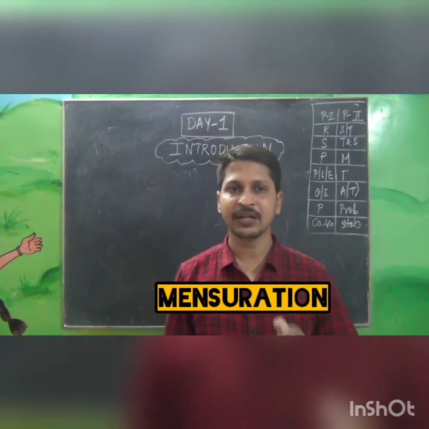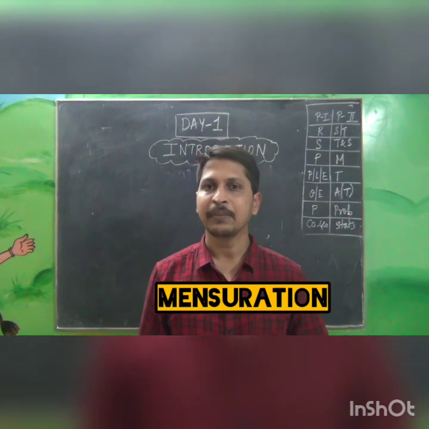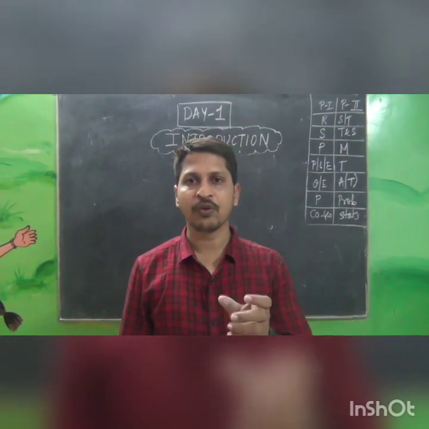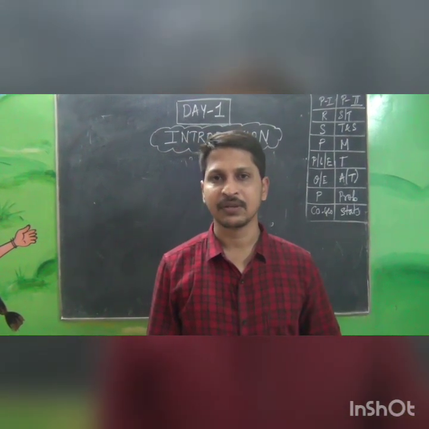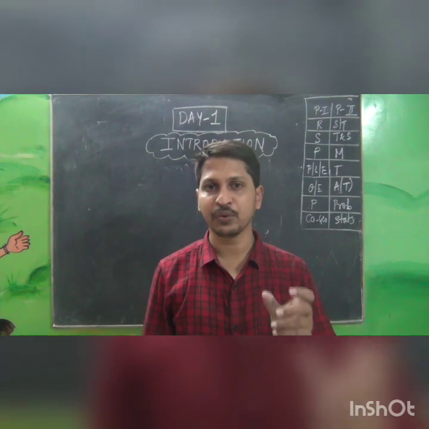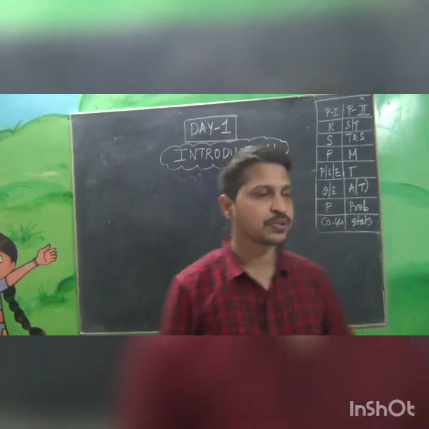For dull or average students, I would always request you to learn the formulas. In short, if you know the formulas then you can do the question set. Even if you understand the concept and everything is fine, if you know the formulas you can do it. Let's take a small example of where it is used.